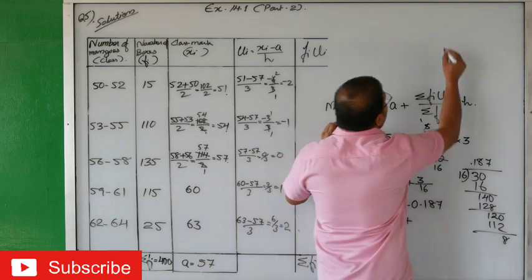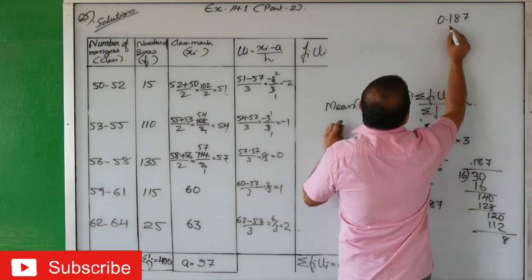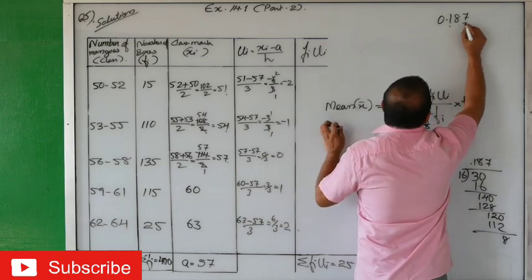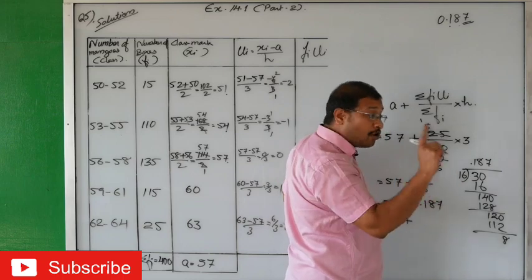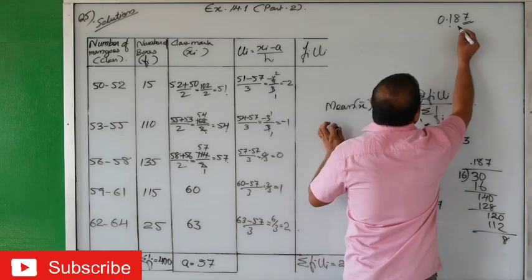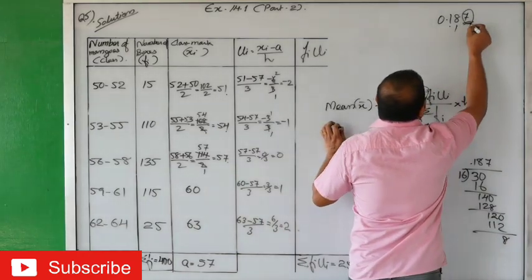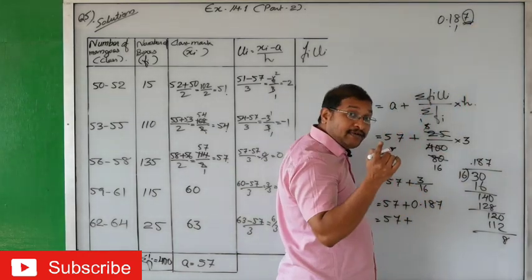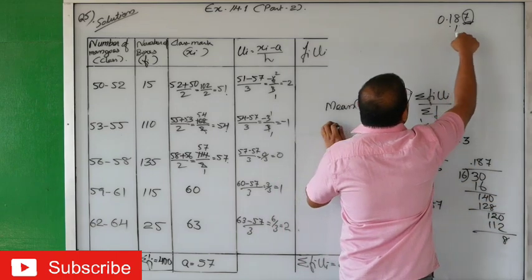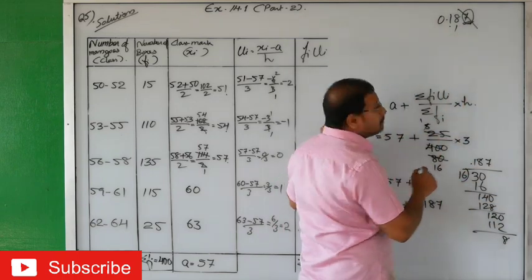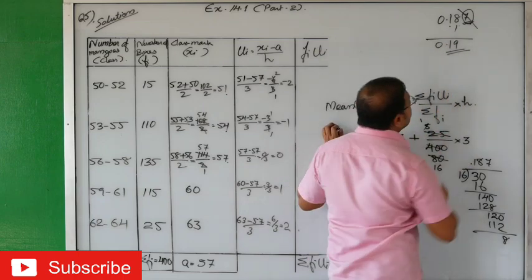The last digit will be checked. If the last digit is 5 or more than 5, you can add 1 here. The last digit is 7, isn't it? 7 is more than 5. We add 1 and remove the 7. We will write 0.19.